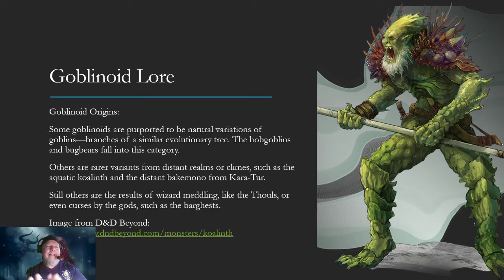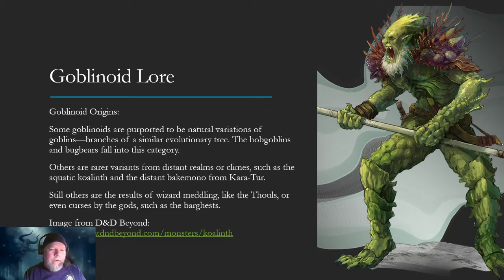So it's the same primate family, but then they branched out. So think of goblinoids that evolved naturally into different forms as that kind of variation. So hobgoblins and bugbears are the ones that are considered to fall into that category.